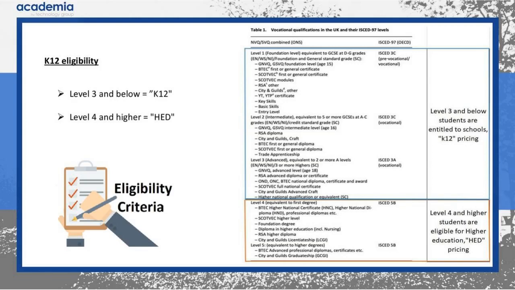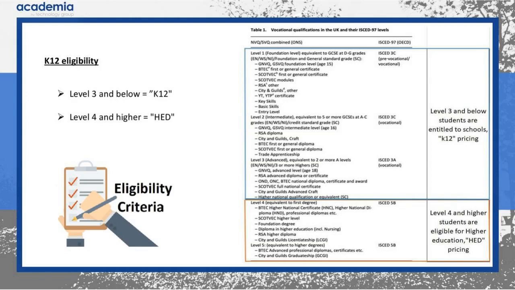But fundamentally, the blue box at the top has levels 1, 2, and 3. And at the highest level 3, we're talking about qualifications such as A-levels, GNVQs. Everything in this blue box, any students studying these types of qualifications are deemed K-12 by Adobe, and therefore can justify schools pricing, which is significantly more cost effective than higher education.